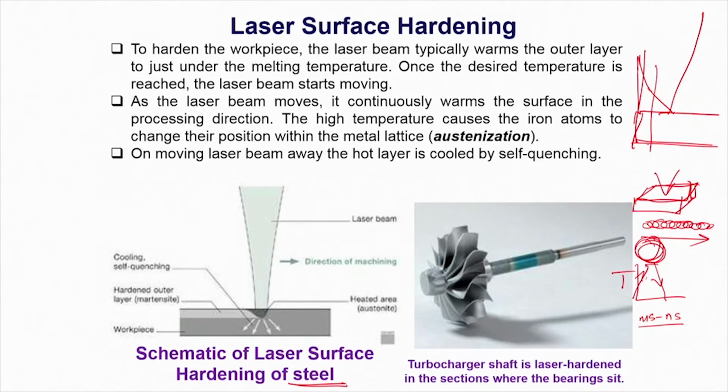So in the process, please remember, this is the composition, so this is basically the carbon amount, and this is the temperature. In this short period of time, we are dealing with this alloy, and the alloy from room temperature will go to this temperature, or maybe this temperature, and in the process will undergo a transformation from ferrite to austenite, and subsequently this austenite will transform by rapid self-quenching into martensite.